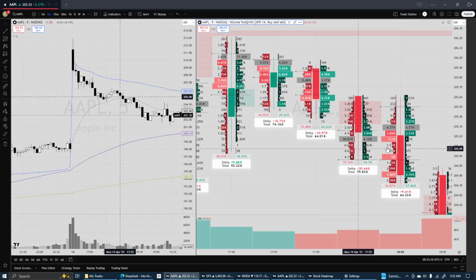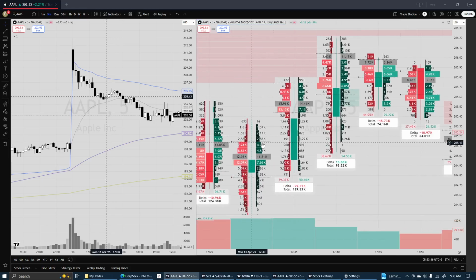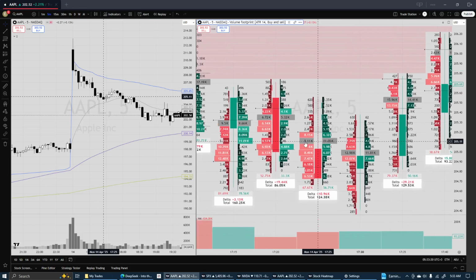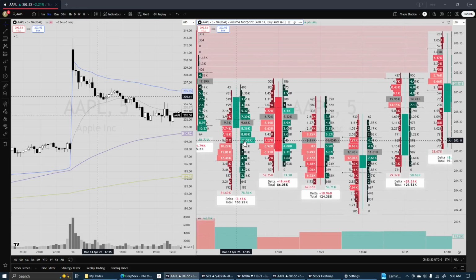If I am watching a certain level and that level is broken, for example, I'm expecting the price to fall below 205 because I'm seeing a clear dominance of the sellers at this price.